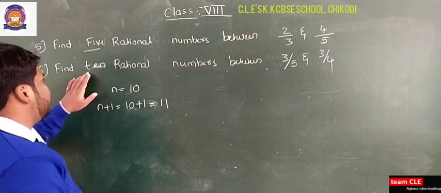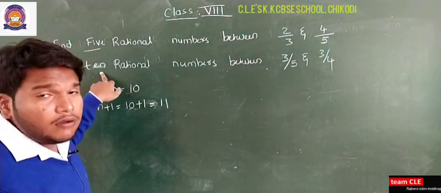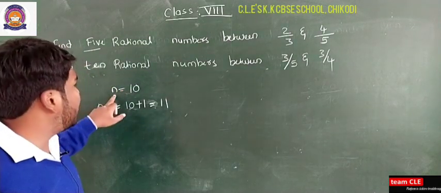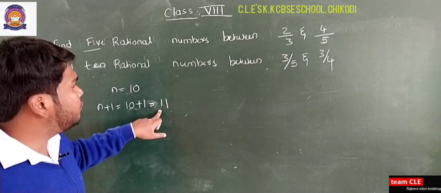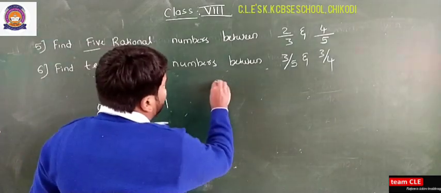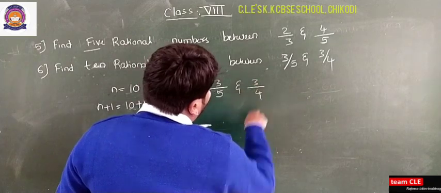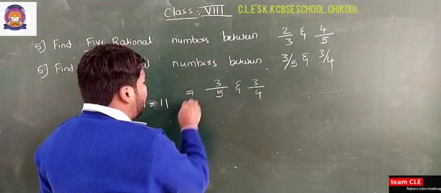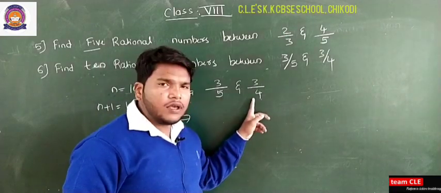First we have to see in the question how many rational numbers they are asking us to find. They are asking for 10 rational numbers, so n is equal to 10, and n plus 1 is equal to 10 plus 1, which is equal to 11. So now 3 by 5 and 3 by 4. One number is odd and one number is even.